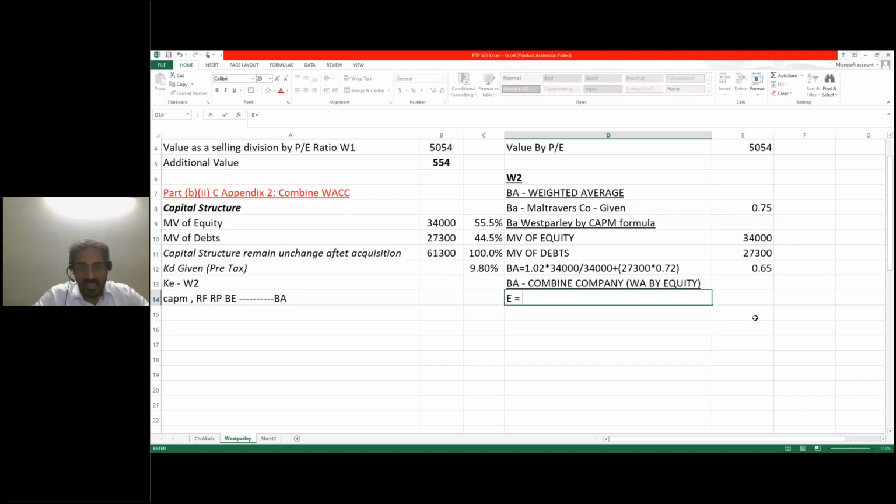Number one, E of West Parlay is equal to 34,000. E of Metravers is already given.